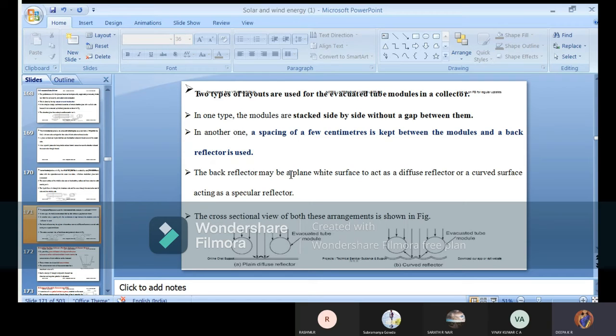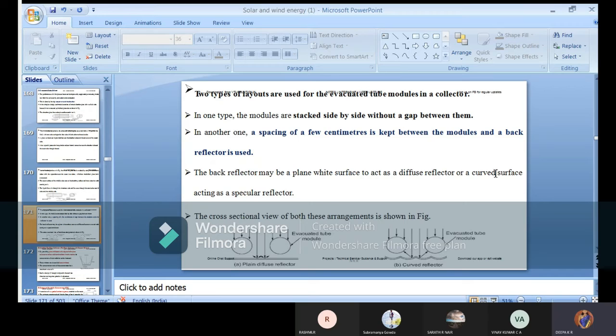So the back reflector may be a plain white surface to act as a diffuse reflector, or a curved surface acting as a specular reflector. These are all physics terms we are using here. Some reflectors are trying to give the output, but the rays are not reaching the module.